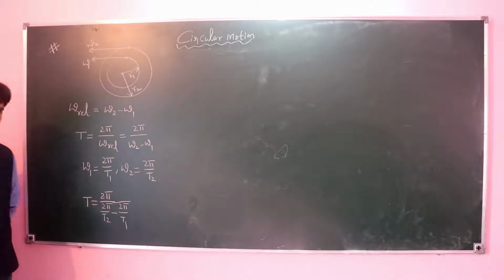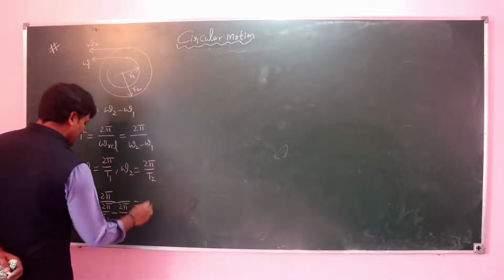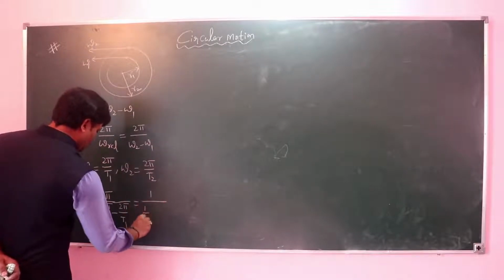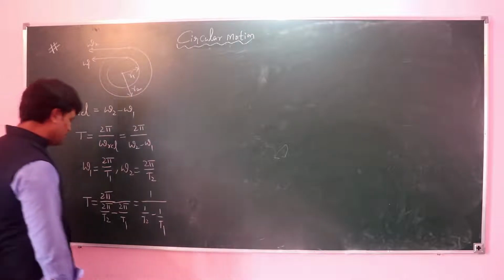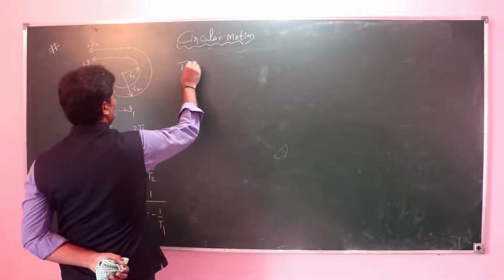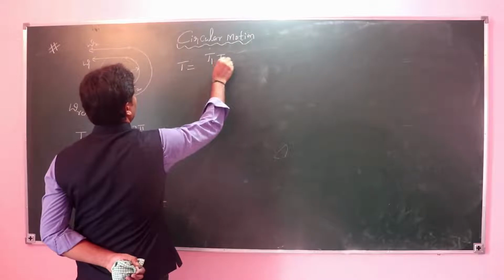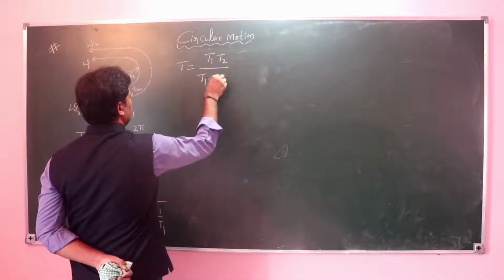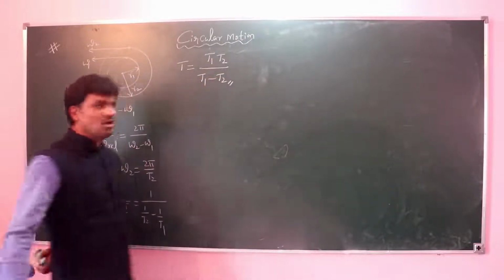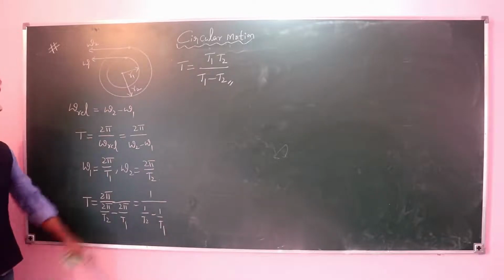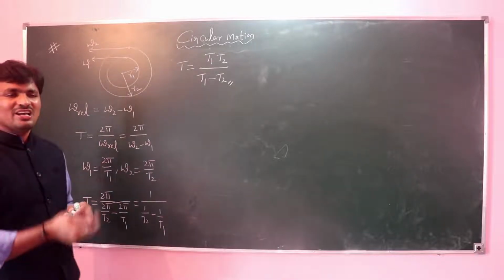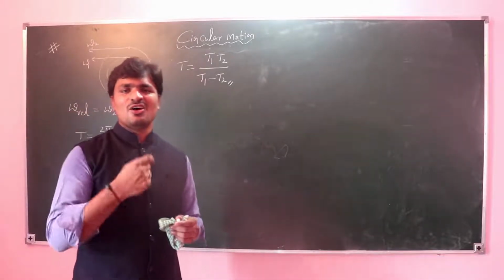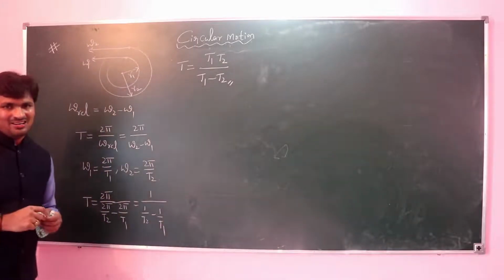Take 2 pi common and cancel. After that, 1 upon (1 by t2 minus 1 by t1). Take the LCM and finally you get t is equal to t1 t2 upon t1 minus t2. That is the time difference between the two particles when they are moving on concentric circular paths, or in a coplanar arrangement.